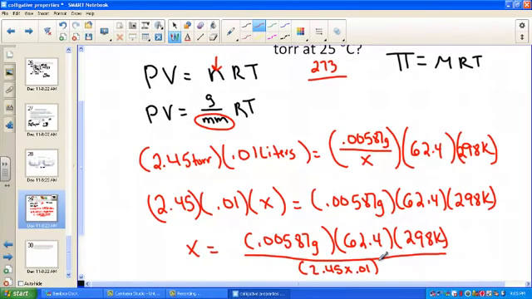I expect it to be quite a large number. Proteins are enormously sized molecules. 0.00587 times 62.4 times 298, divided by parentheses 2.45 times 0.01.